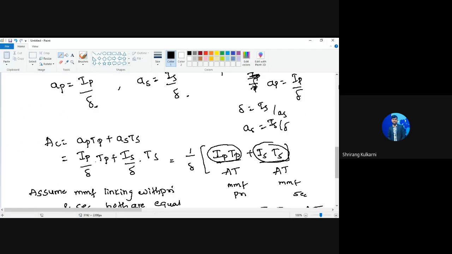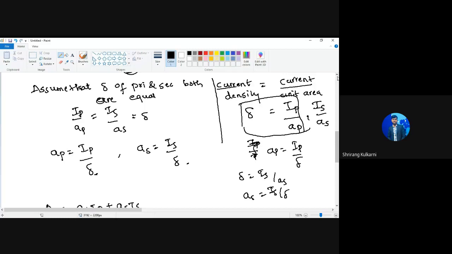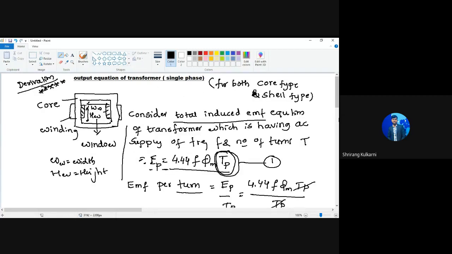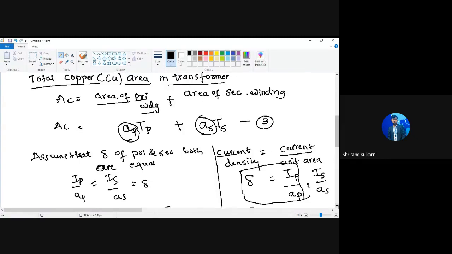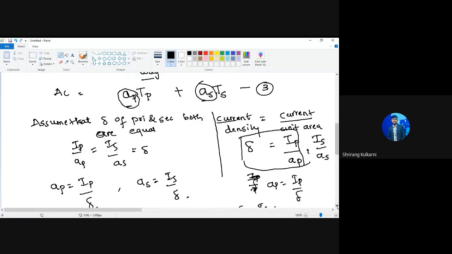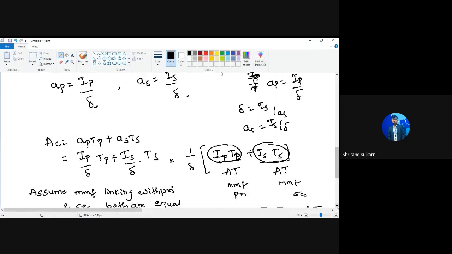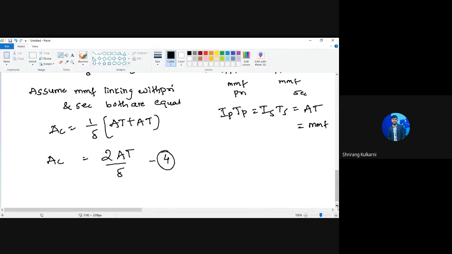After that, the copper area we have calculated, and current density, and in that copper area we got the equation in terms of current density. After that, we are getting the equation in terms of AT, in terms of MMF.